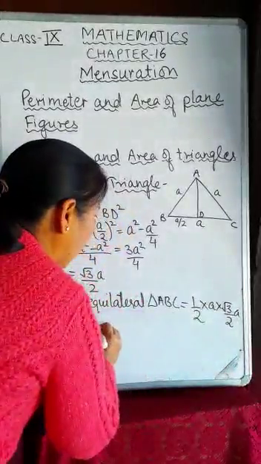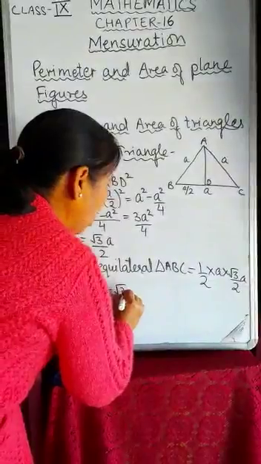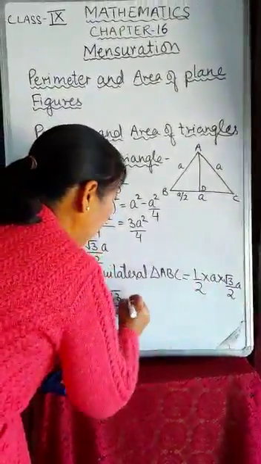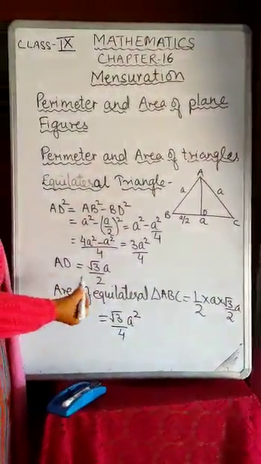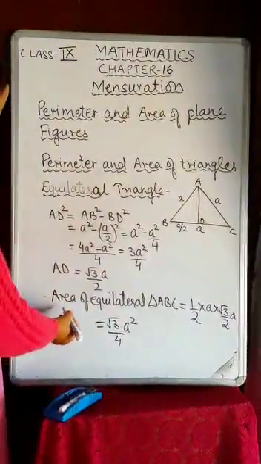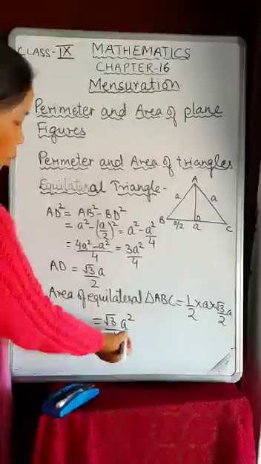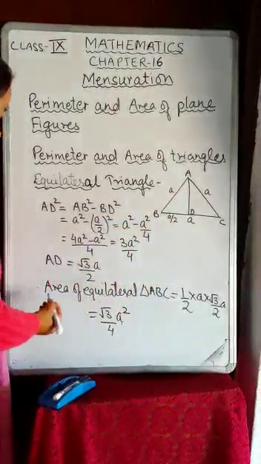Now if we multiply, root 3 into 1 is root 3 only, and 2 twos are 4, a into a is a square. So it means if we want to find the area of an equilateral triangle, then the formula you will use is root 3 by 4 side square, because all three sides are equal. So you can put the value over here to get the area.